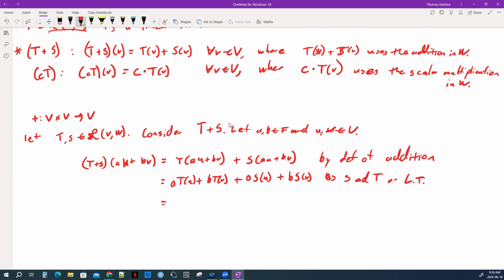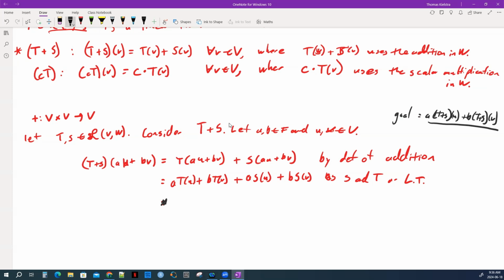And now here, my goal, which I'm just going to write off to the side, is to show that it's equal to a (T plus S) of u plus b (T plus S) of v. And you could either stop here and look at what this equals by expanding using the definition of addition, or we could try and manipulate this expression.